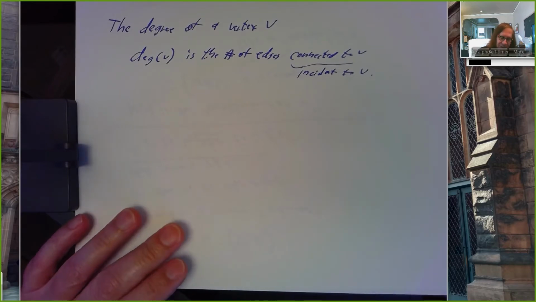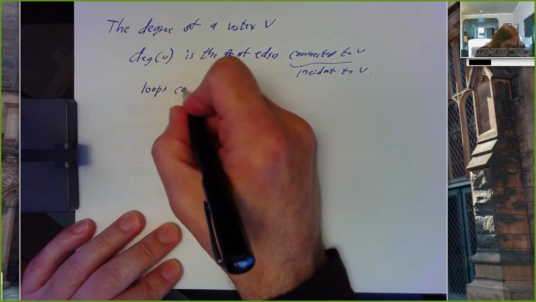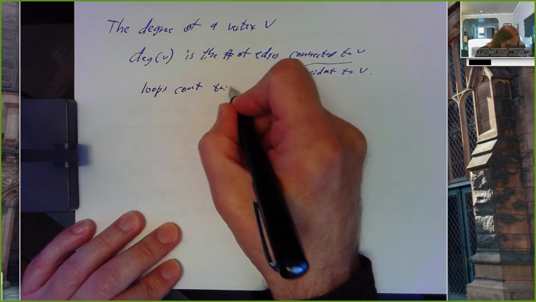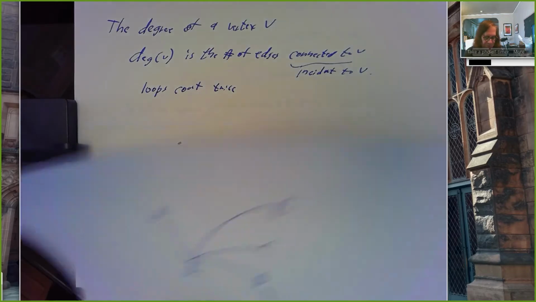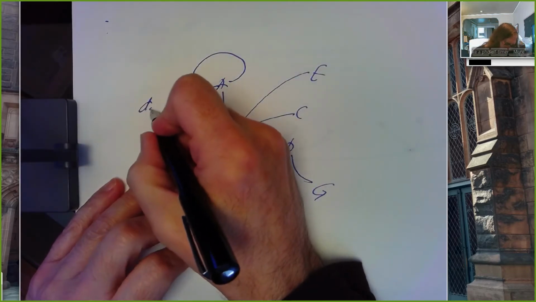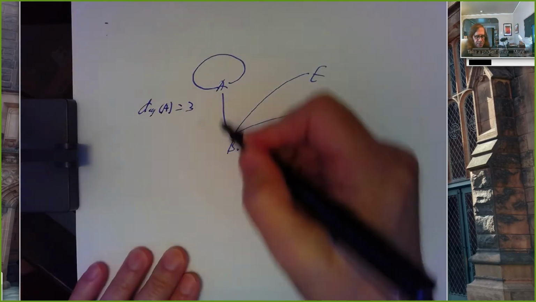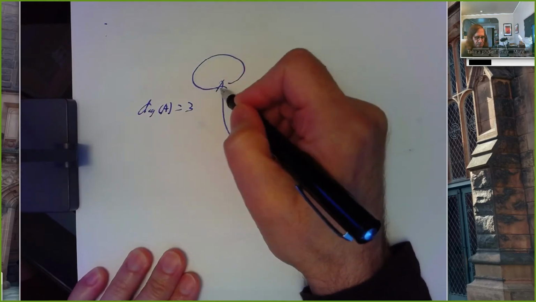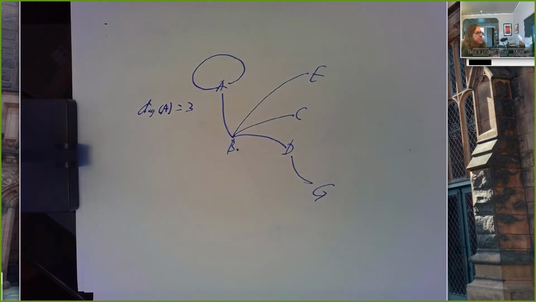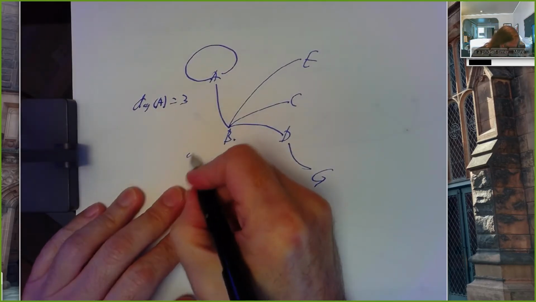All right. An interesting thing about degree, though, loops count twice. So if we had an edge like this, the degree of A would actually be equal to 3. It's once for this edge, but this edge counts twice. That's going to be important. All right, so let's pick on this graph here. Degree of A is equal to 3.